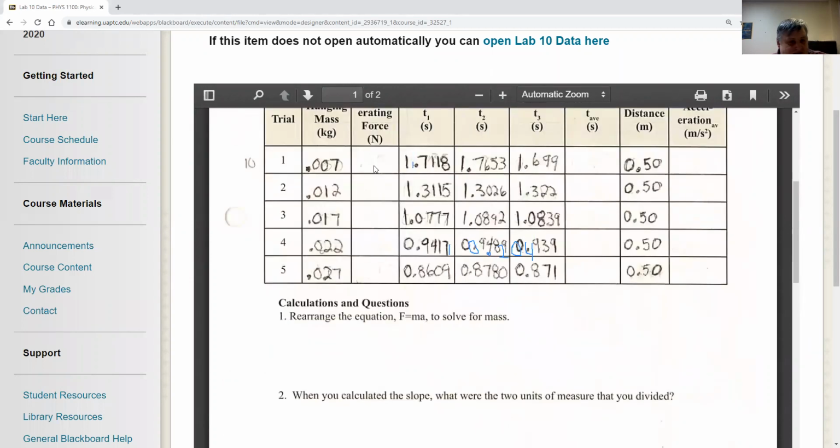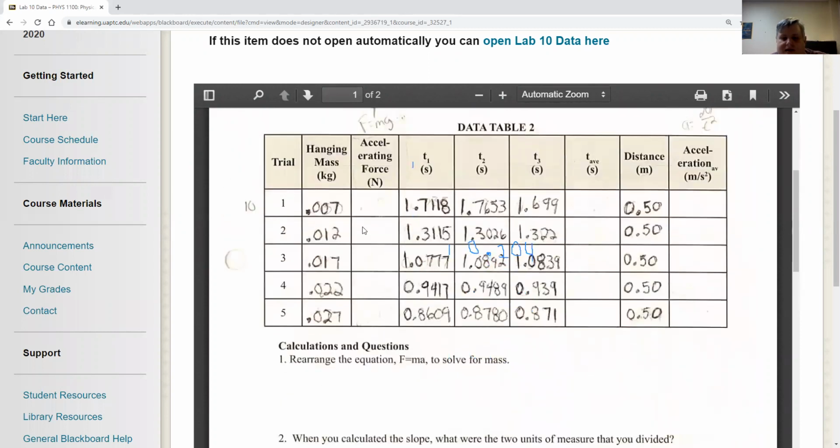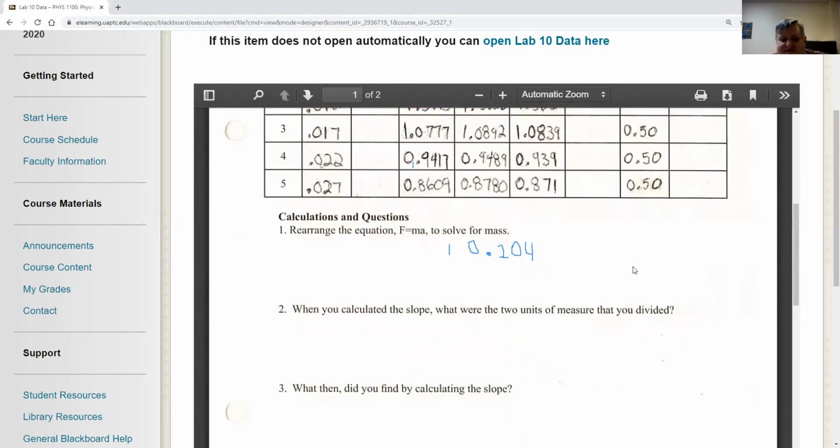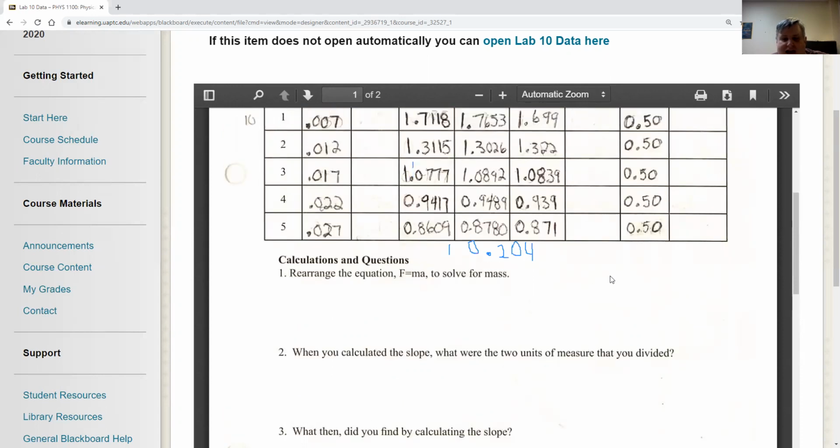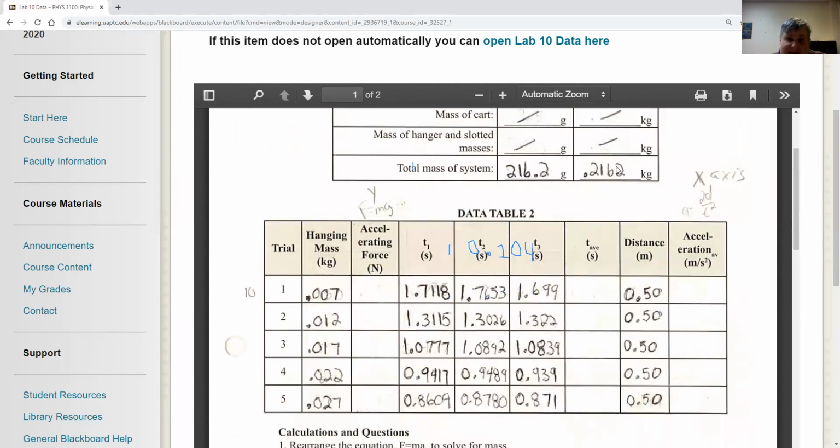So just do every step I did, just with the numbers for each row. You're going to end up with 5 masses, which you're going to average together, and their average should come out to be this. In other words, we should be able to calculate the mass of the cart and all the little masses and the hanger.